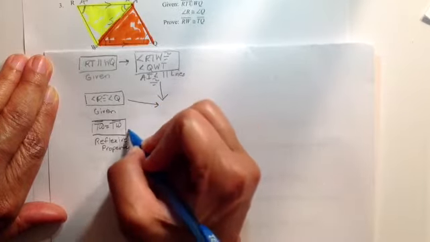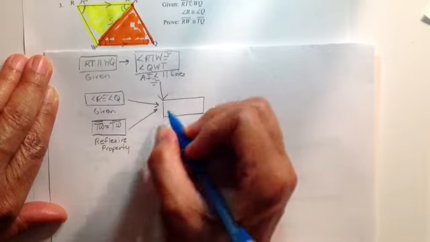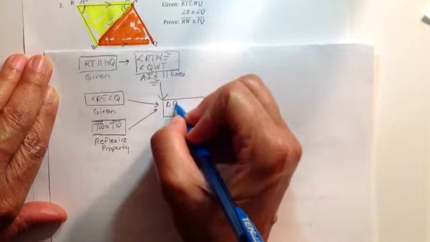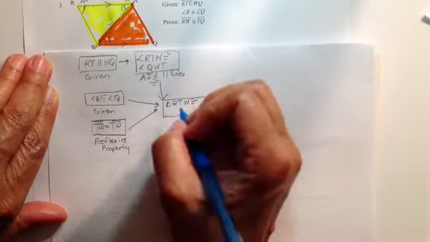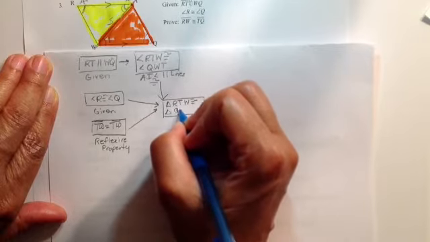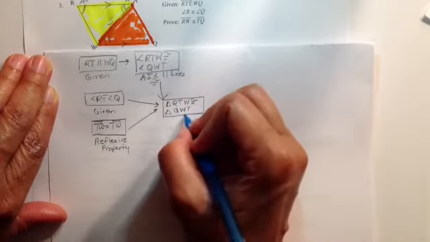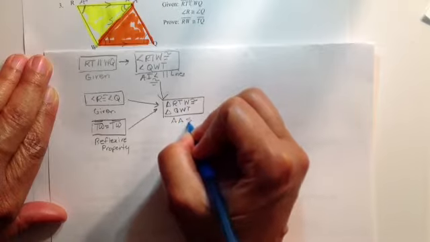All right? So these three statements converge for me to be able to say that triangle RTW is congruent with triangle QWT. And why? Because of angle, angle, side.